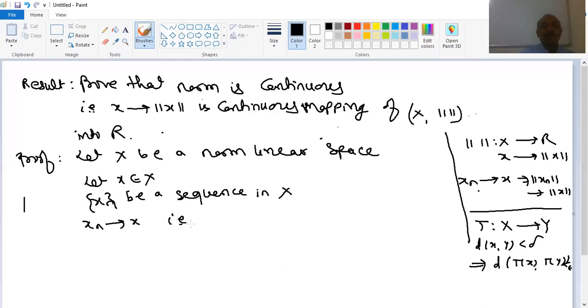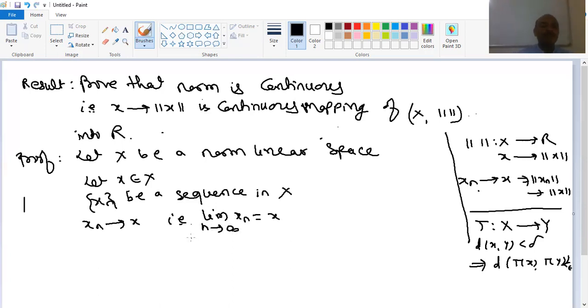That is, another meaning: xn converges to x means the limit of xn is equal to x as n tends to infinity.